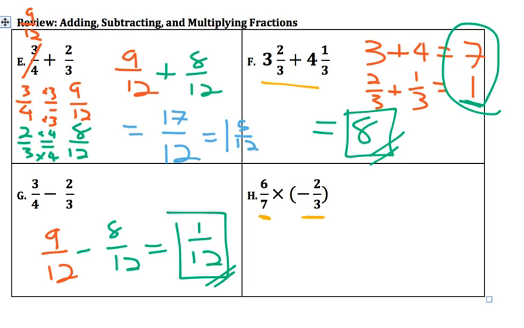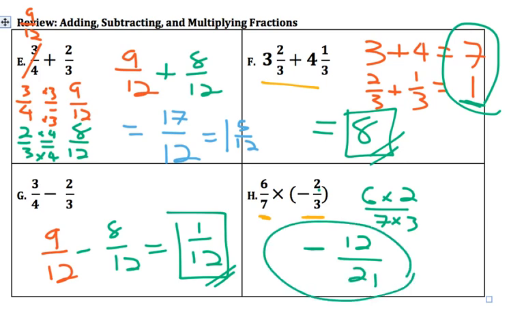So I know that my answer is going to be negative because these signs are different. Then 6 times 2 for the numerator would be 12, and 7 times 3 would be 21, so your answer would be negative 12/21.